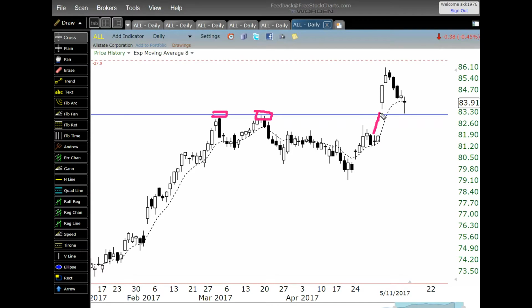Then price kept going up, potentially experienced resistance at the 27% extension, then it's been coming down. Now, traditional technical analysis tells us that once the price has broken the resistance, like here, then it becomes support. So this area should be a support for Allstate stock.